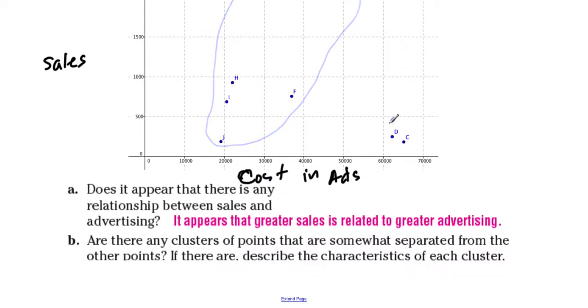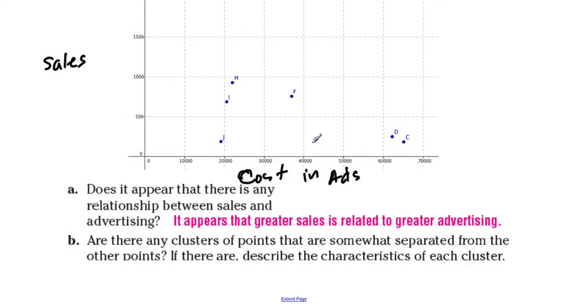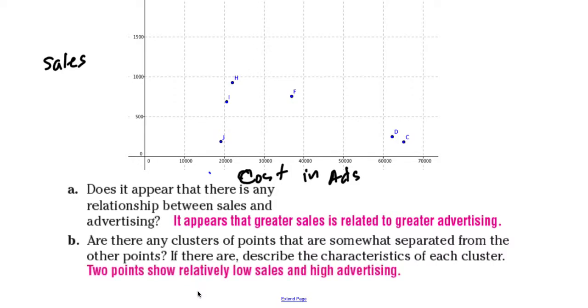But if you notice right here, these 2 points are clustered in such a way that as the cost in advertising goes up, the sales doesn't really go up that much, and that is what we want to point out. 2 points show relatively low sales and high advertising, and that is a good example of a scatter plot.